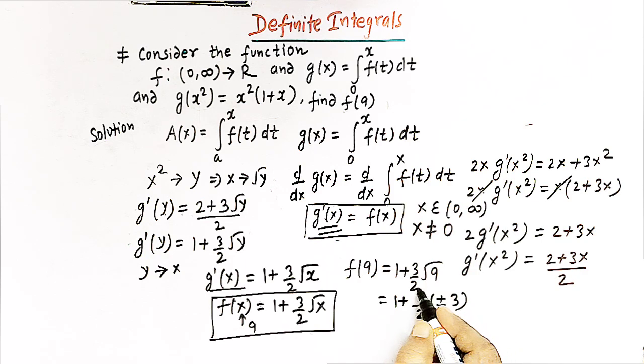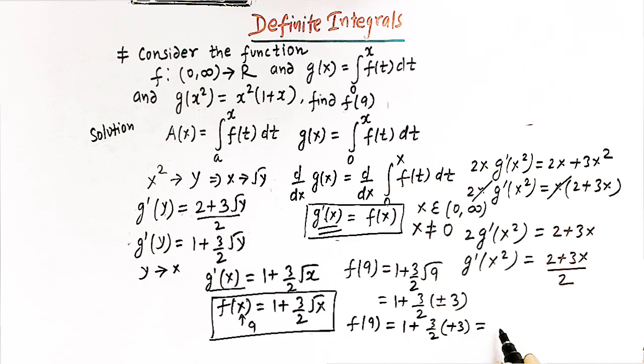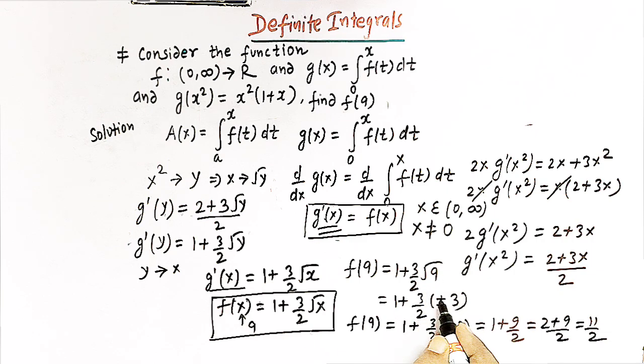First taking the positive sign, we have f of 9 is equal to 1 plus 3 over 2 times positive 3. So we have 1 plus 9 over 2, that is 2 plus 9 over 2, that is 11 over 2. So f of 9 is equal to 11 over 2 when we have the positive square root.